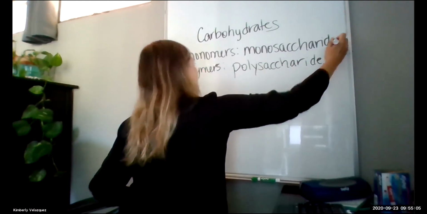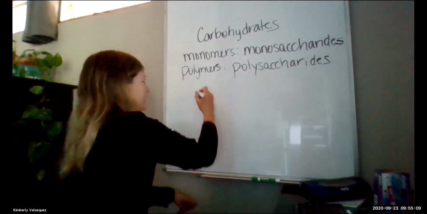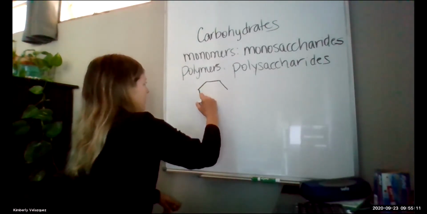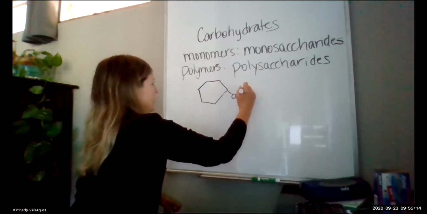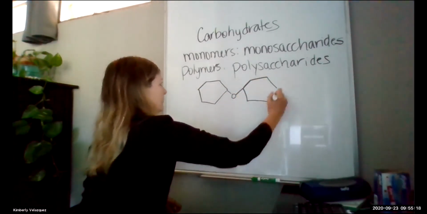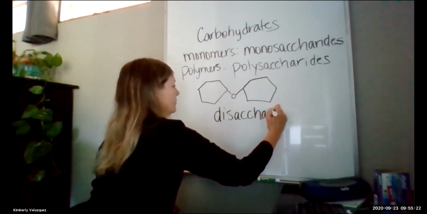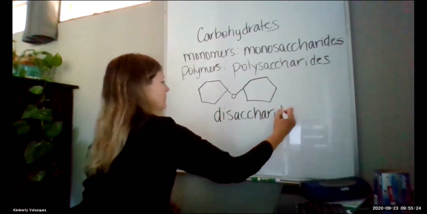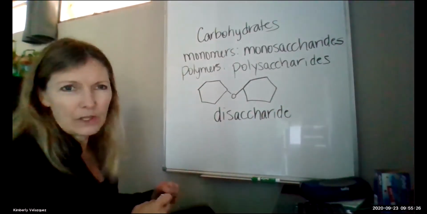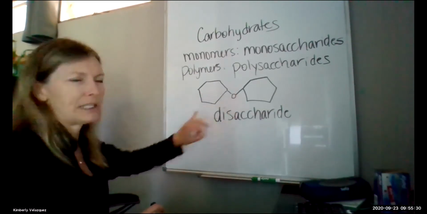And then the sugars are kind of unique in that we have a really simple polymer that's really just 2 monosaccharides bonded together, and that's called a disaccharide. It's really the only category of macromolecule in which you can have two linked together.